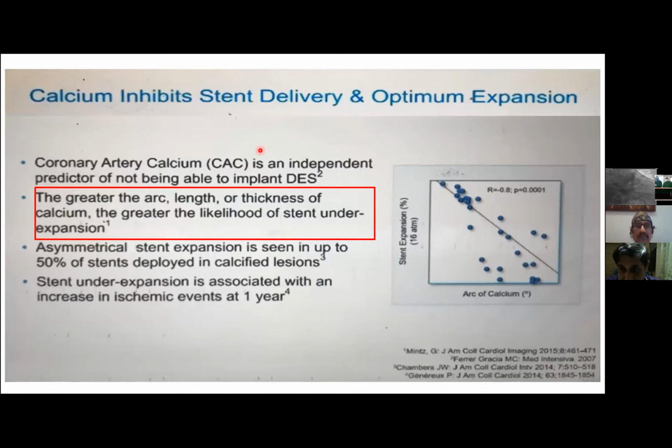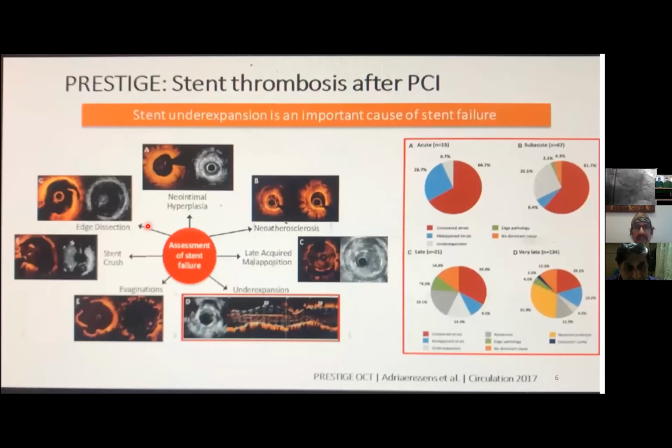So when you see calcium, whichever way you try to image, the arc of calcium, the length of the calcification and the thickness of the calcium, if these are high, greater is the likelihood of stent under expansion. So you need to assess all these: arc, length, and thickness. This is where the importance of OCT comes in.